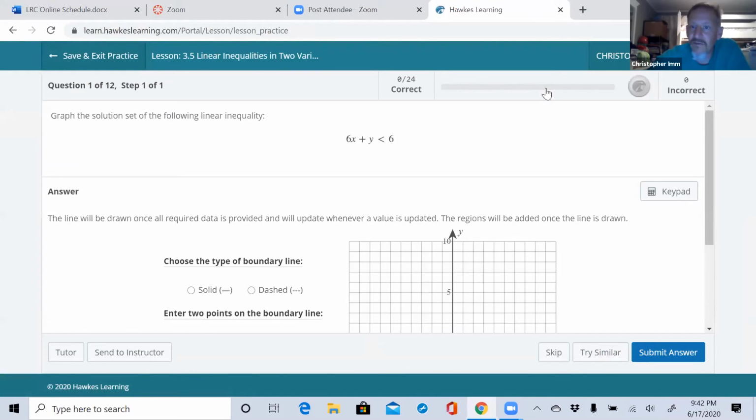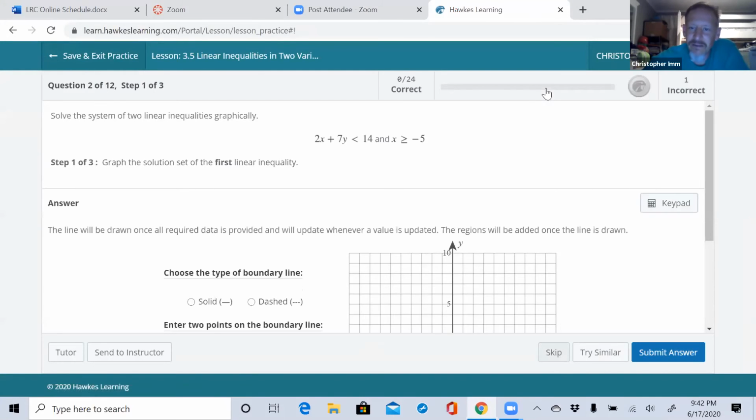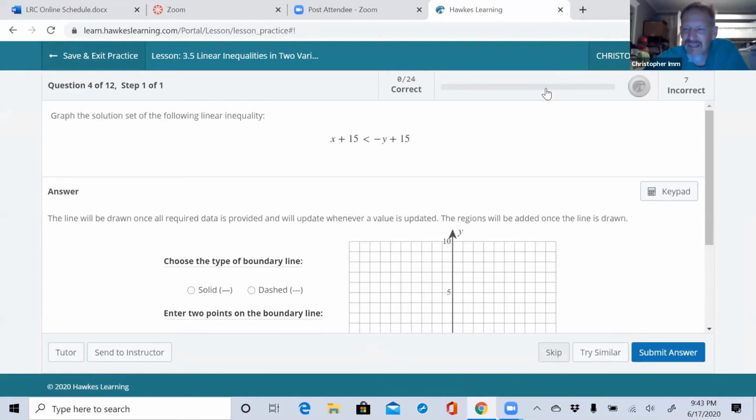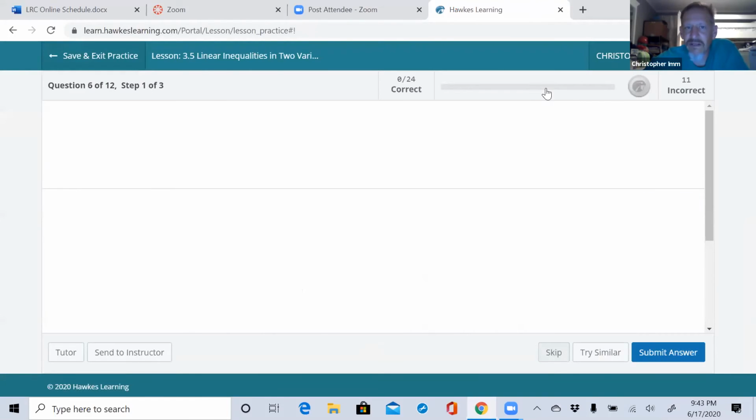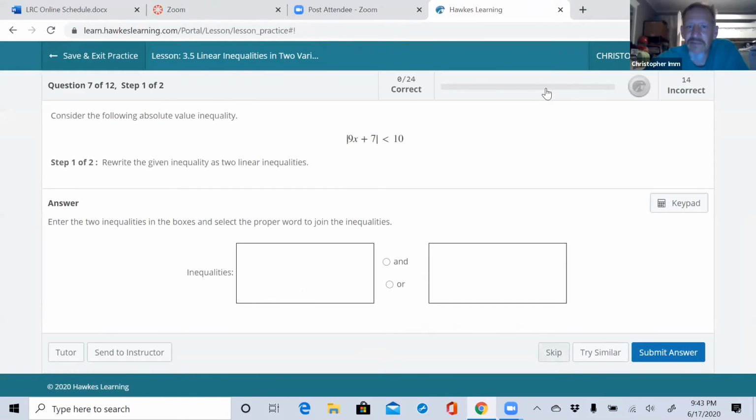We're just going to plot the line, and then we're going to shade a certain way. That shading is the problem that a lot of students have. But this one that the person was having a difficulty with or skipped is a difficult one because it's using absolute values too. This would be a good one to do.